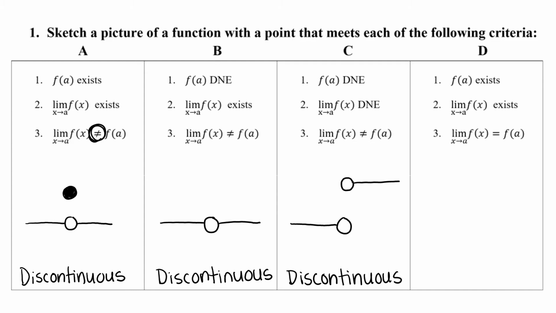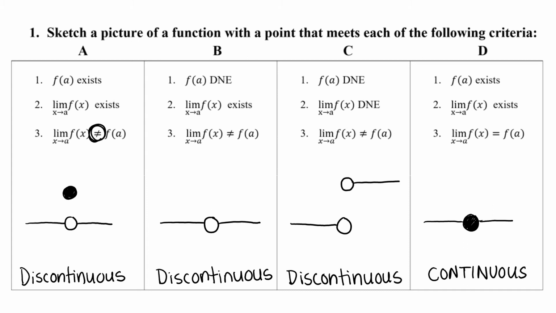And then finally, we have f of a exists, the limit as x approaches a of f of x exists, and the limit as x approaches a of f of x is equal to f of a. So I like to draw that my limits exist, and then f of a exists, and it's equal to the limit. So we have a nice closed circle here. So we're continuous at a.